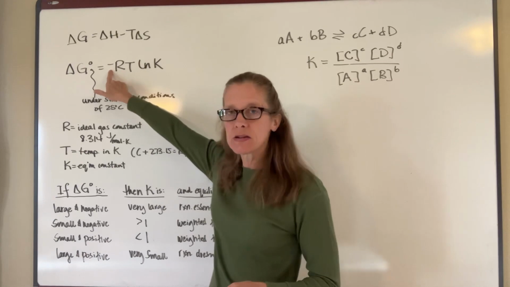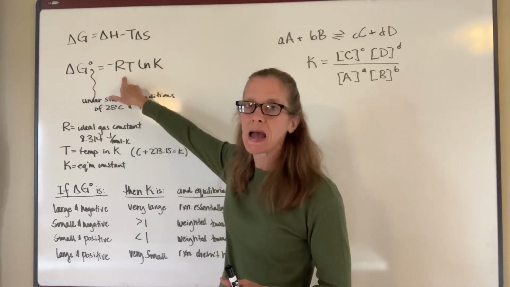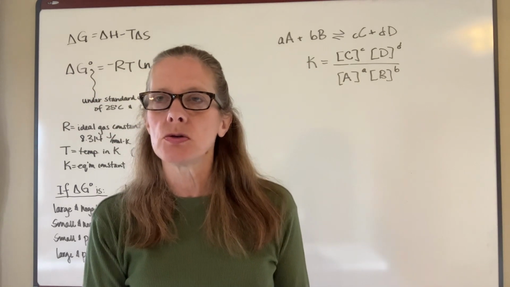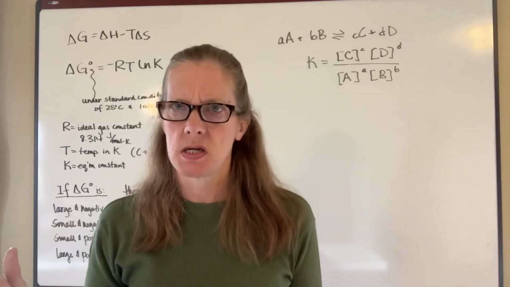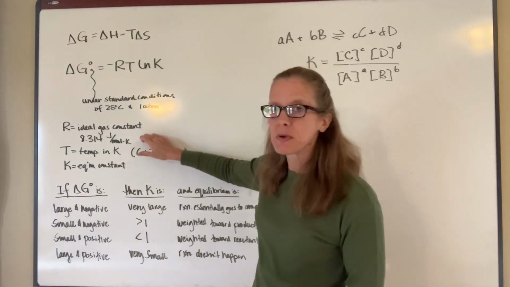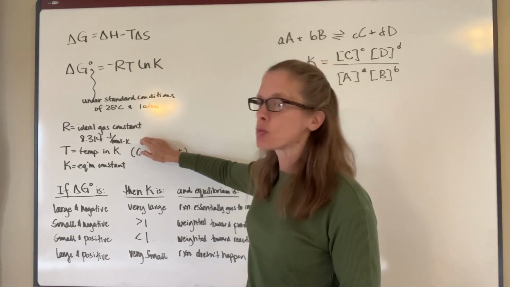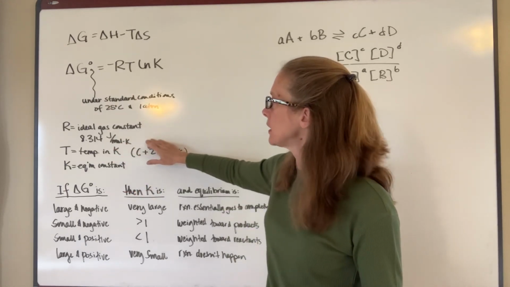Notice you've got a negative sign here. Don't forget that. That's really important. R is the ideal gas constant. When we talked about gas laws in your first year course, we used a gas constant of 0.0821. This one is different, but that's because the units on it are different. This is the one that is going to work best in this equation so that we can get things canceled out appropriately.